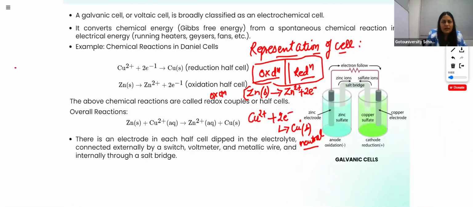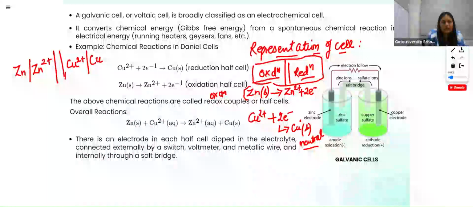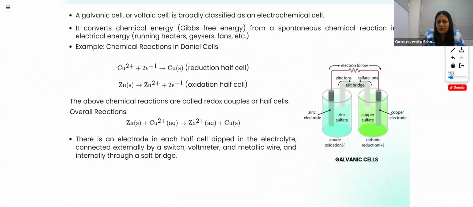All right. So these are the two half cell reactions, and this is how we represent the chemical reaction in a cell. We can write that zinc is getting oxidized, then there is a salt bridge, then copper is getting reduced, gaining electrons. This is how we represent the chemical reaction taking place in this galvanic cell.